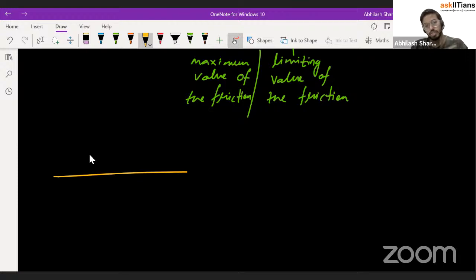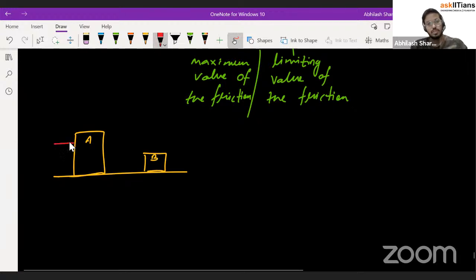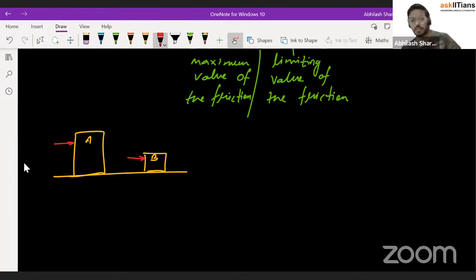So suppose here is a heavy block and here is a lighter block, A and B. And you apply some force. Which one will be easier to move, A or B, heavier or lighter? Lighter will be easier to move. It can move quickly, right? Reason being, it has lesser weight.